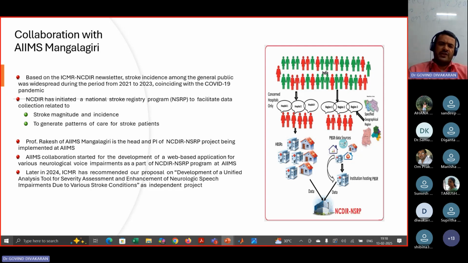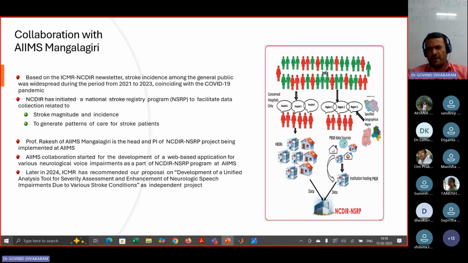The difference here is that in the hospital based centers, all the treatment protocol is based on the doctors who are treating the stroke patients. They will upload the treatments and the diagnostic results of what they are doing as part of the treatment.